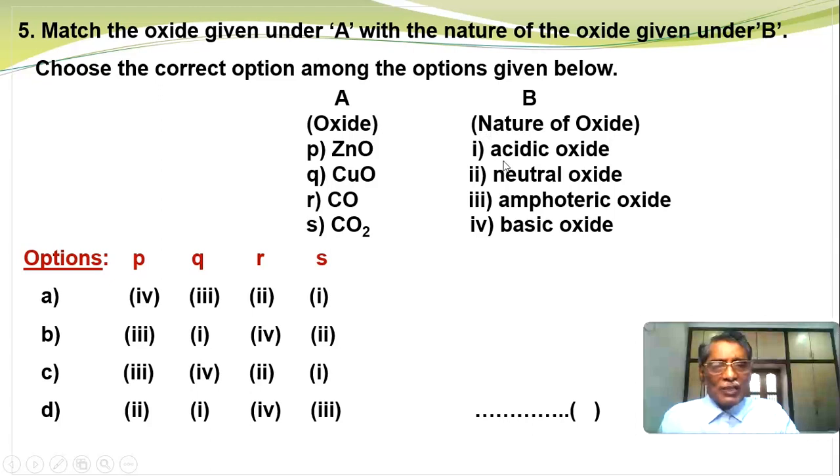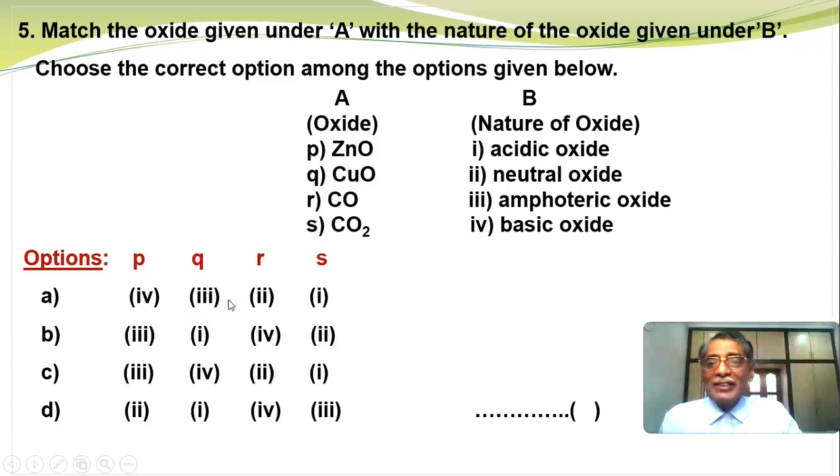Under nature of oxide, it is given acidic oxide, neutral oxide, amphoteric oxide, and basic oxide. Here, under options, against P, Q, R, or S, you have to choose the right combination of acidic, neutral, amphoteric, and basic oxide.